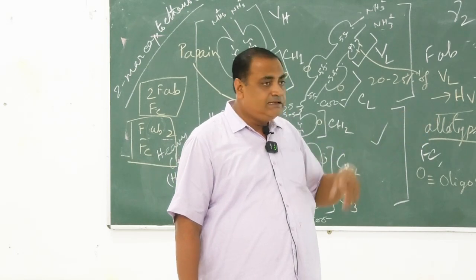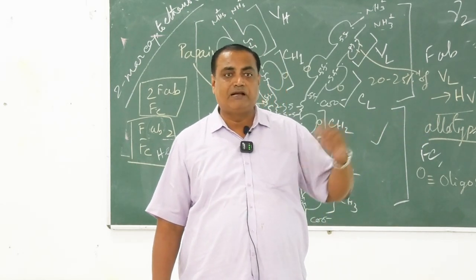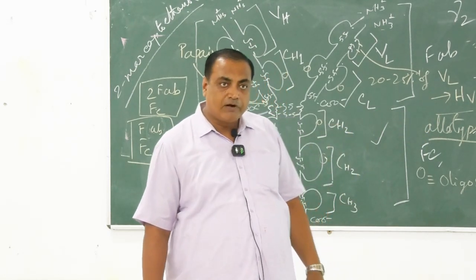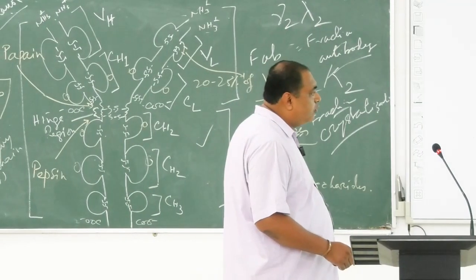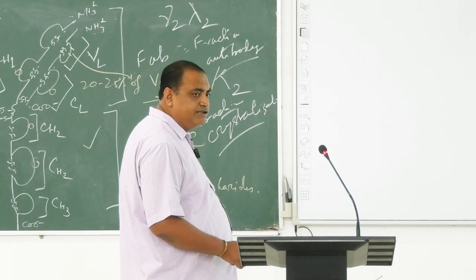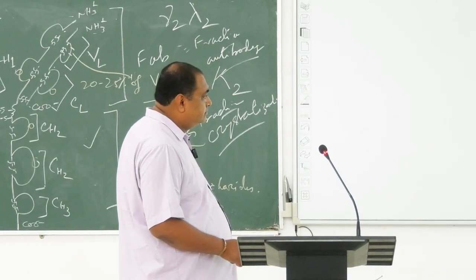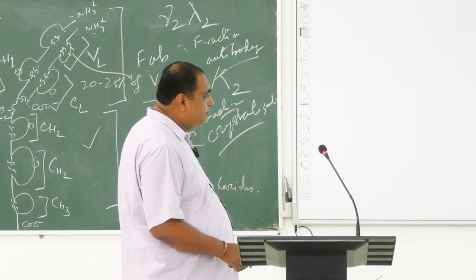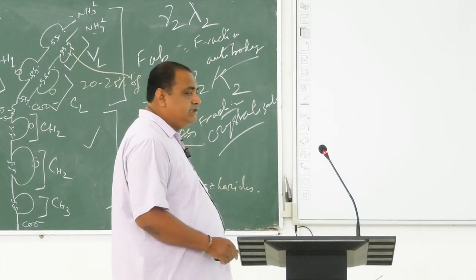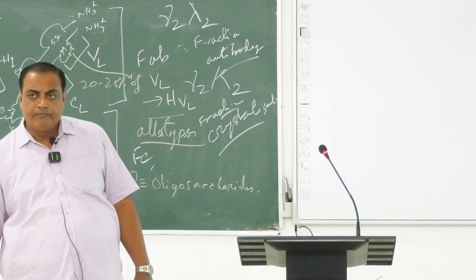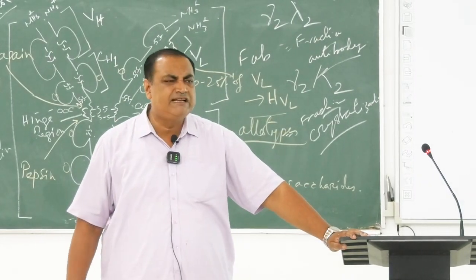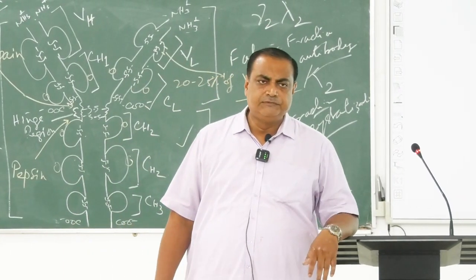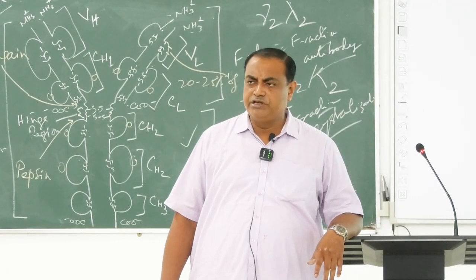IgG and IgA have further subclasses. What are those? The gamma chain can be of 4 types in case of IgG, and alpha can be of 2 types in case of IgA. Two types means a small part is added, called the secretory component, SC or SP, secretory piece, secretory protein.